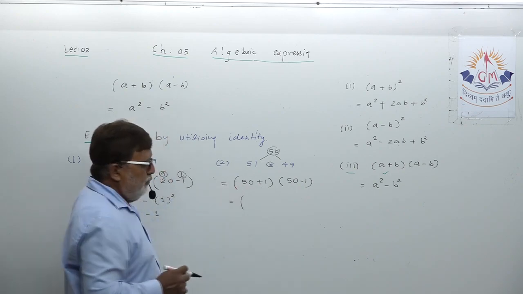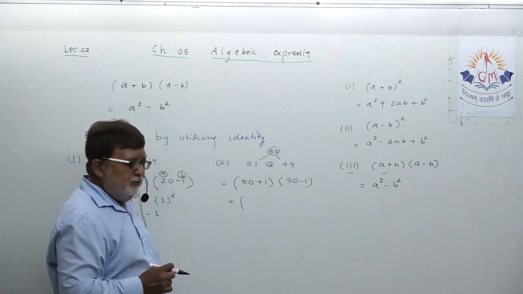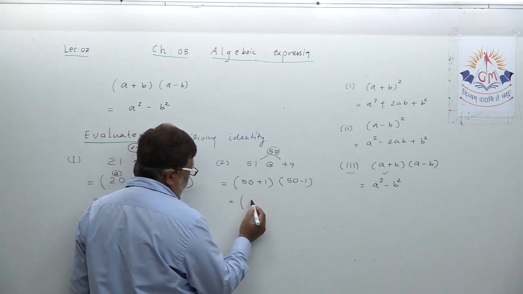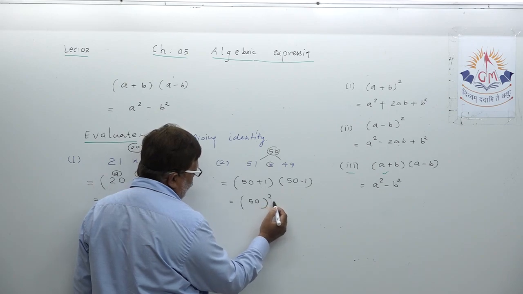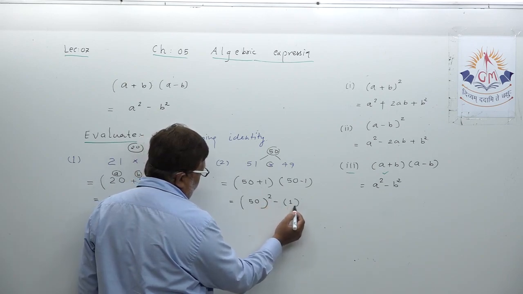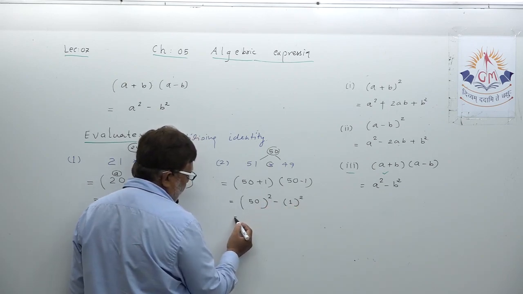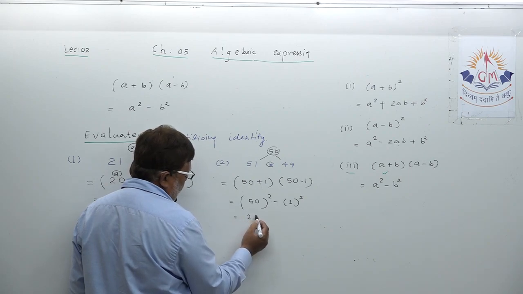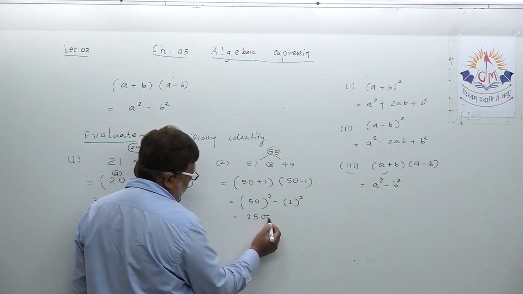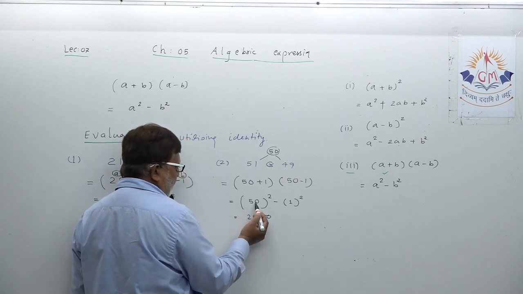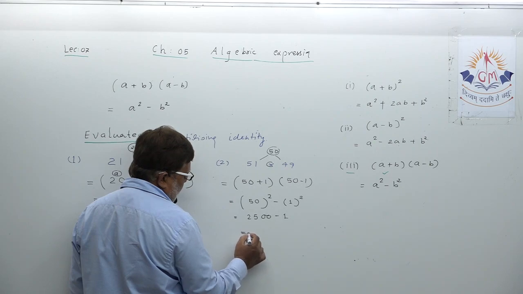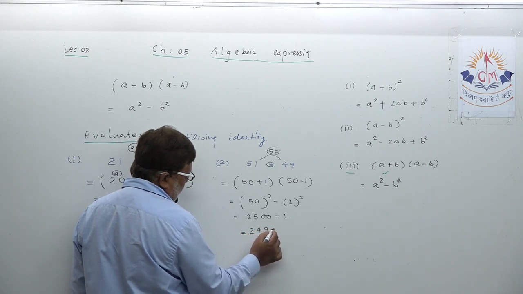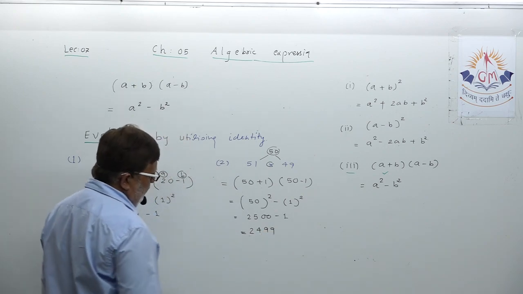What will you consider as B? 1. So A square, that is 50 square, minus B square, that is 1 square. 50 square is 2500, since 5 fives are 25. Subtract 1 from it and you will get 2499. Understand?